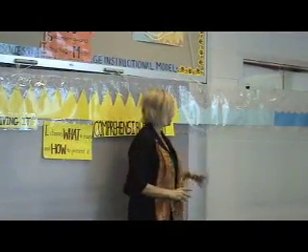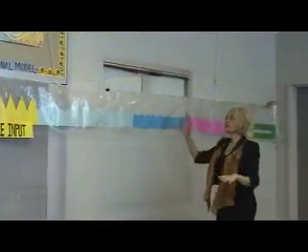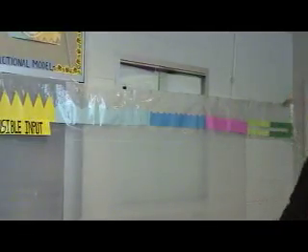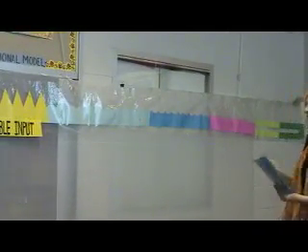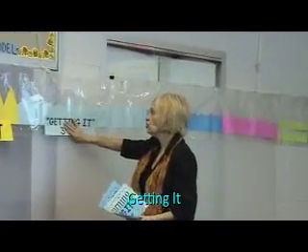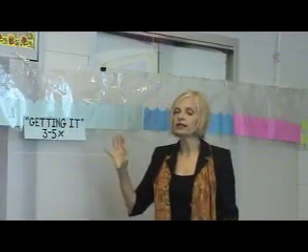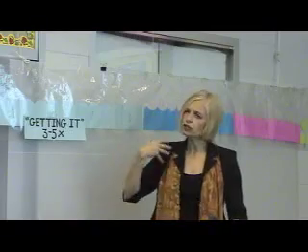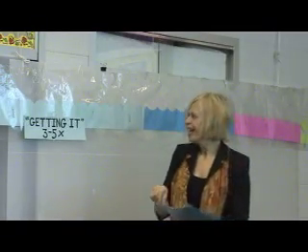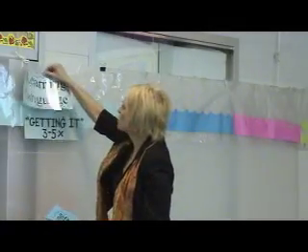The next phase of the B-SLIM model is actually found in blue. And I've divided this into two parts. The first part of the model is called getting it, meaning that soon after you have given your students something new, they need to have an opportunity to get it, to understand, to remember what it is that you have taught them. And often that getting it is going to focus on the learning of the language itself.